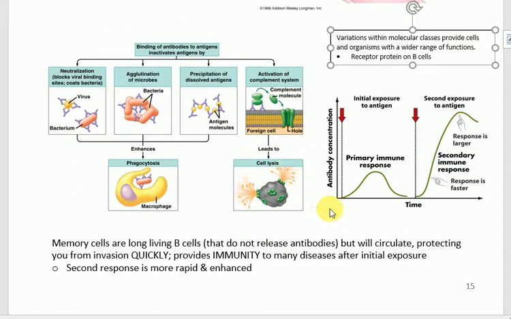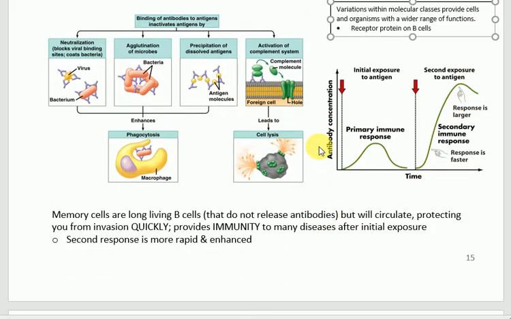Now let's look at this diagram here, and basically it is showing you over here on the left the antibody concentration over time. So we can see that the initial exposure here, it takes a little bit longer for a reaction to happen. Versus here, the second exposure to the antigen, the response is going to be faster and also larger.